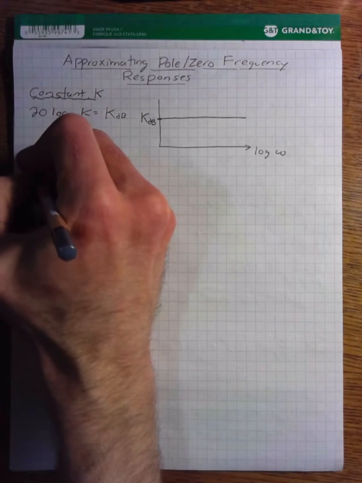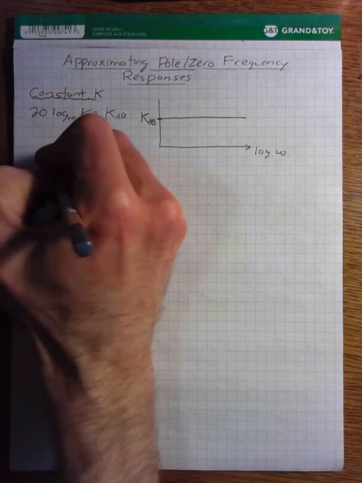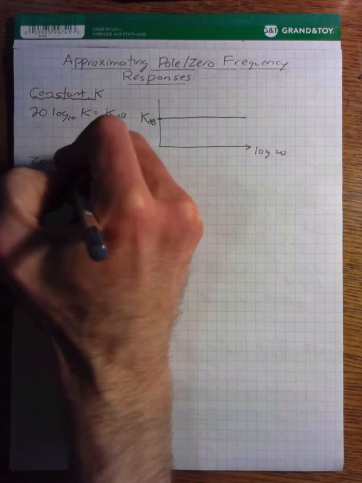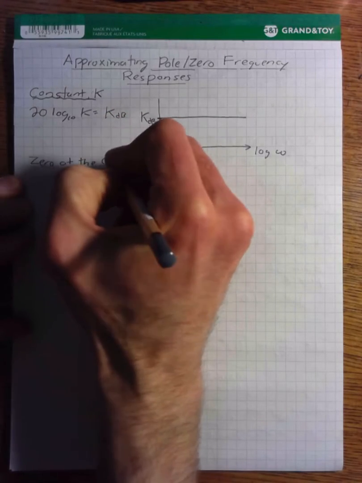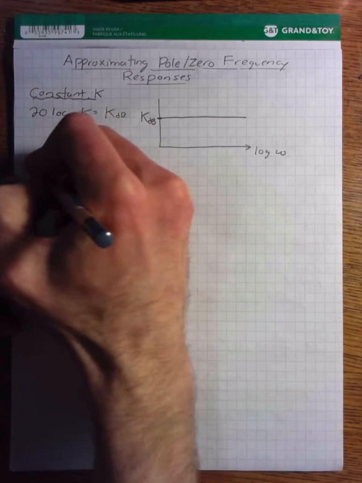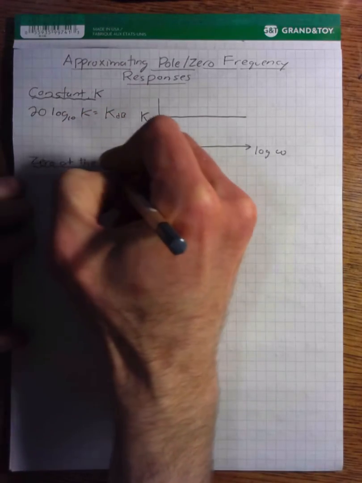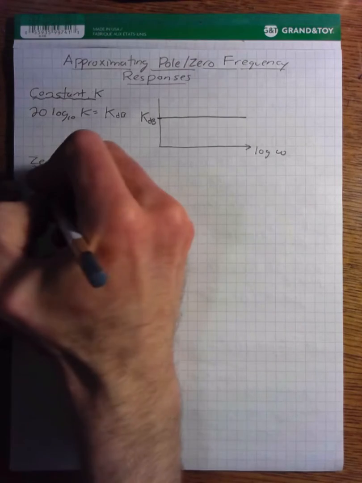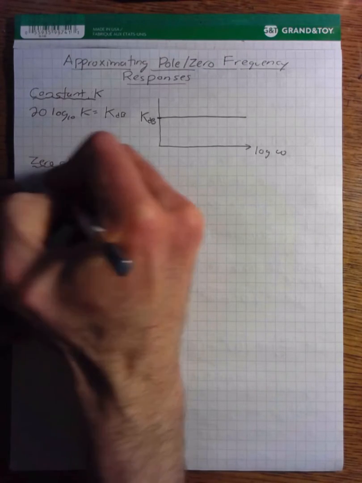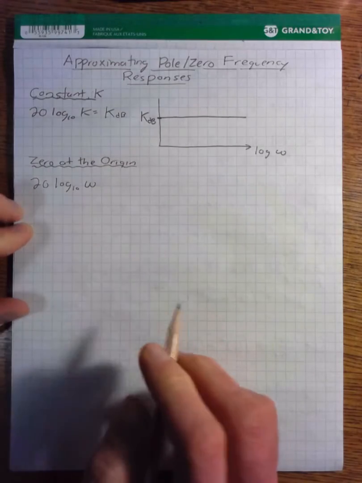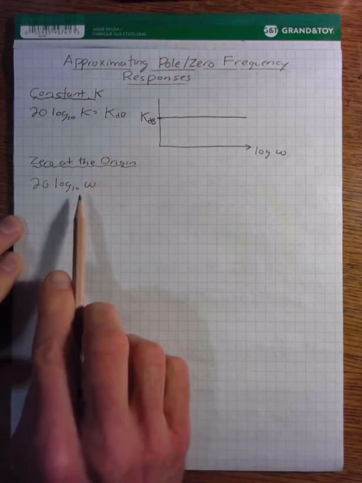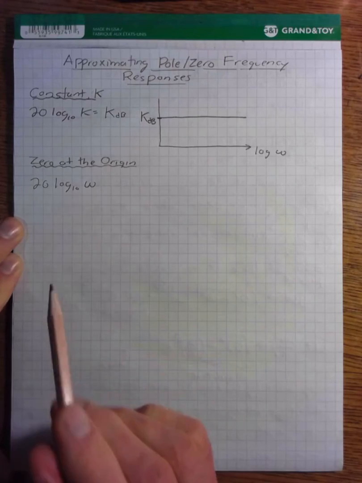Now, let's take a look at a 0 at the origin. So the equation for that is 20 log base 10 of omega. And so this term basically just increases with frequency.